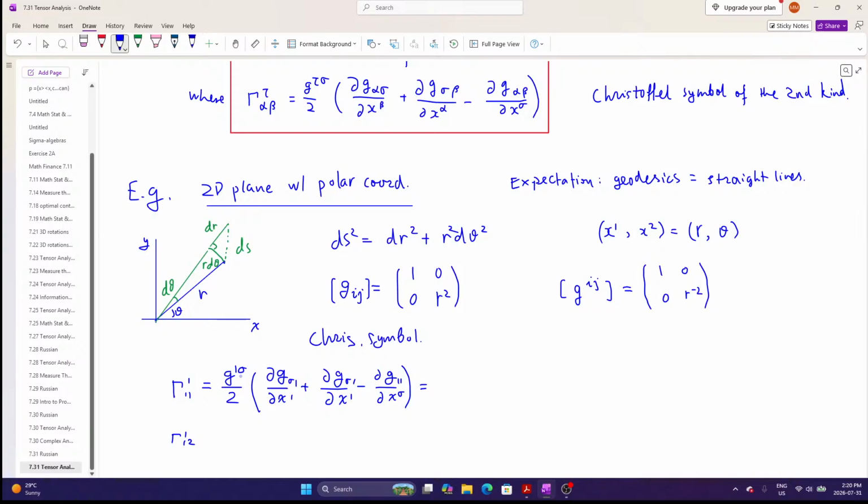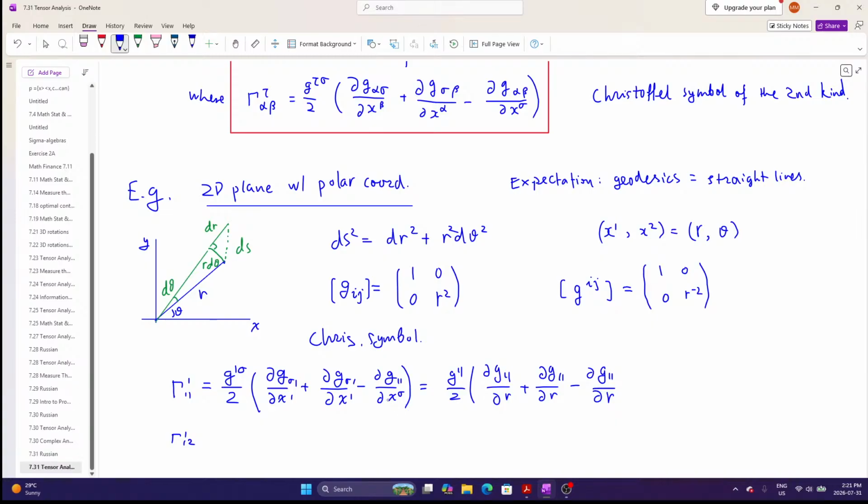Okay, when sigma equals 1, you got g11 over 2 times dg11 over dx1, which means dx1 is just dr. Okay, dg11 over dr, and then plus dg11, once again, sigma equals 1, dg11 over dx1, which is dr, and then minus dg11 over dr, right?